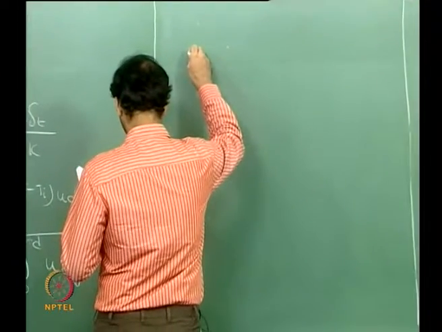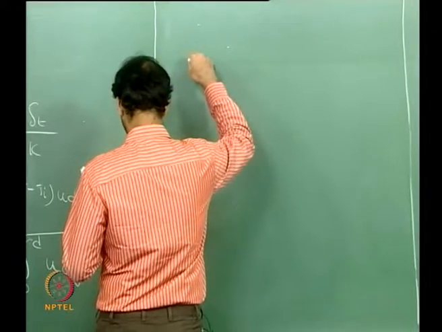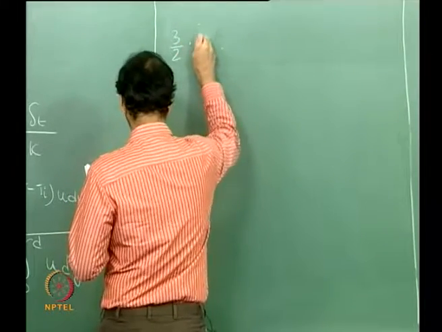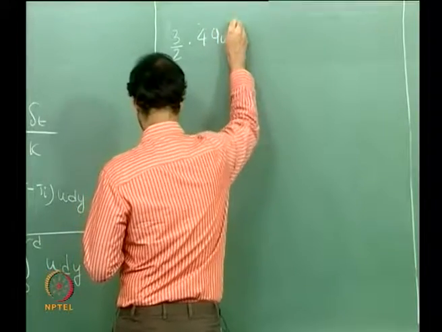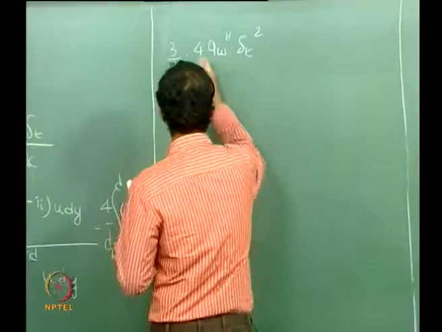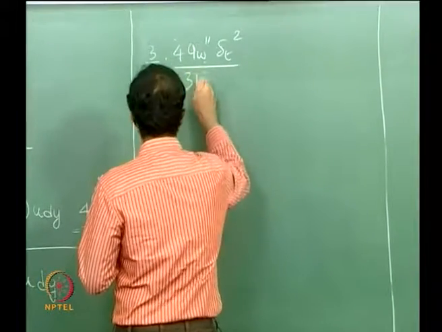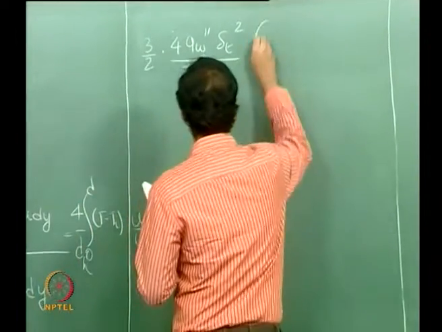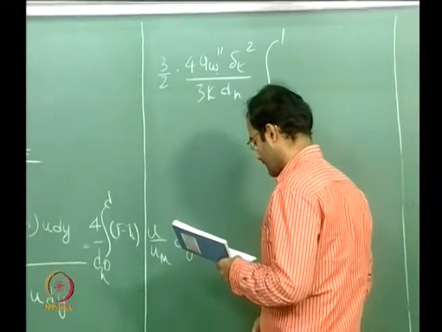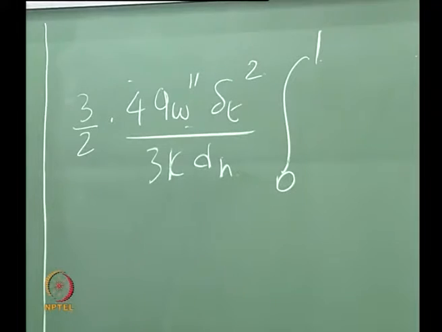So I am substituting my velocity profile as well as the temperature profile. So this becomes 3 by 2 into 4, 3kdh, and I am integrating over non-dimensional, so I am converting this into eta, which is y by delta t, okay, in place of y.